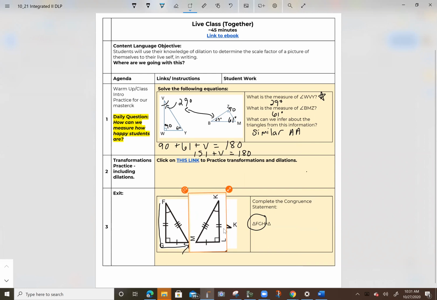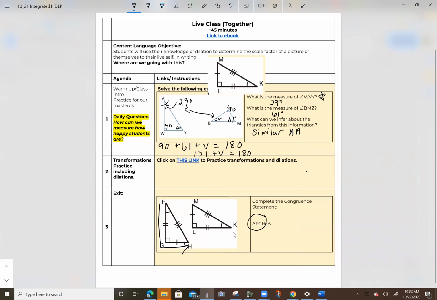I don't know if I can do that with a picture actually, but if you flipped it over so that the 90-degree angles would be on top of each other, this would be on top of this. It would look exactly the same. And that's the way we have to write it. Okay, so if we started F over there, we have to start K over here and then go to L because we have those two lines.